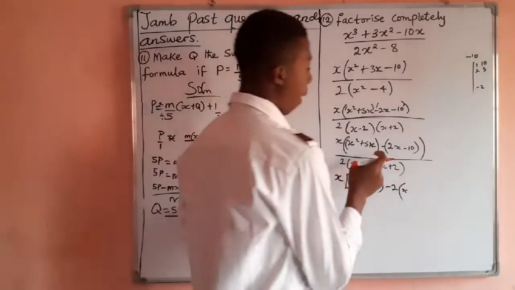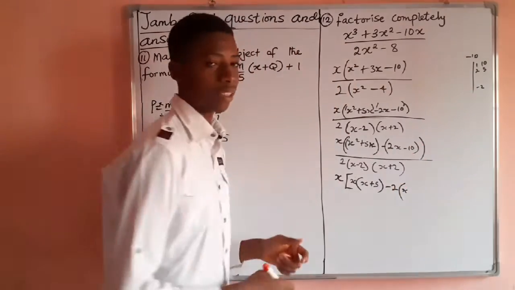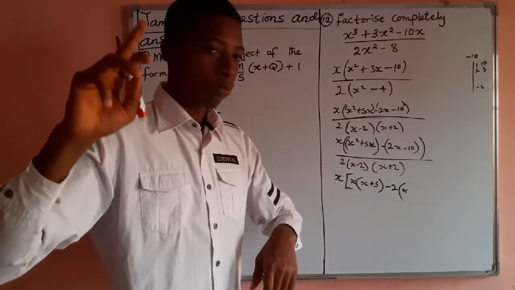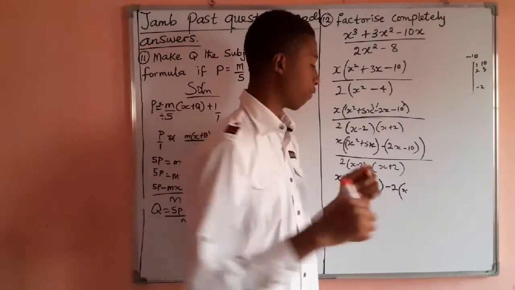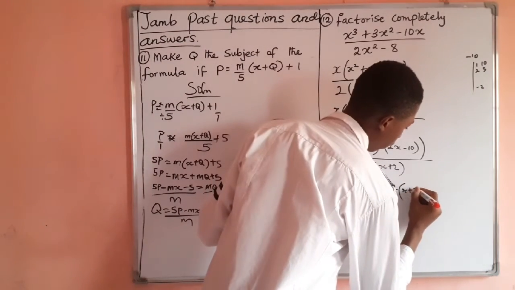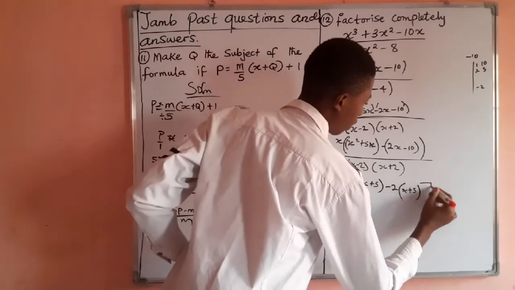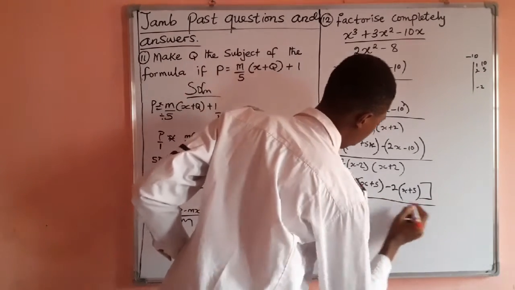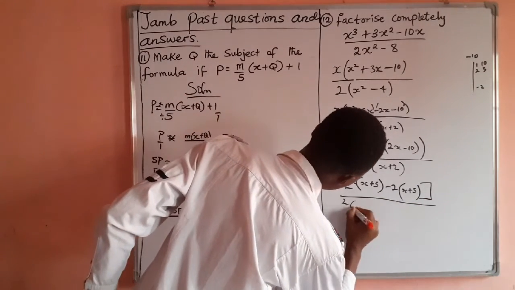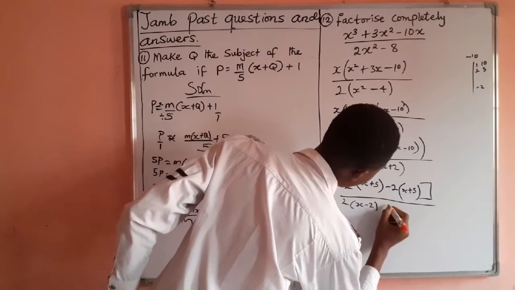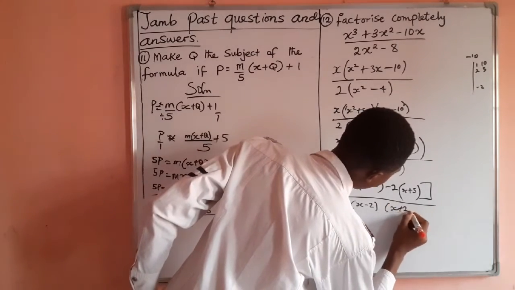You get? Now minus 2 going into minus 10: minus cancel minus gives you plus. 2 into 10 is 5. So we have plus 5. Close your brackets and close the final bracket, all over 2, open bracket, x minus 2, close bracket, x plus 2.